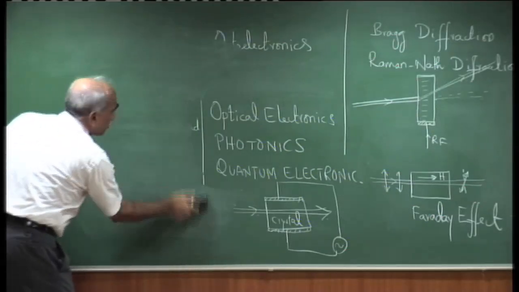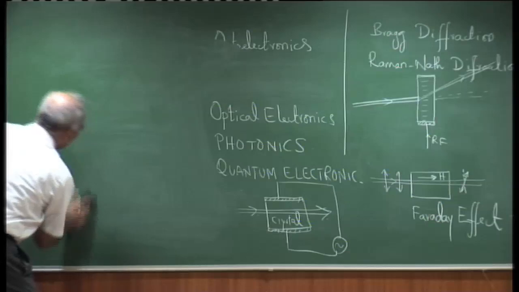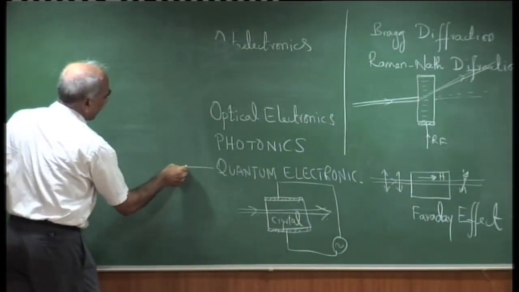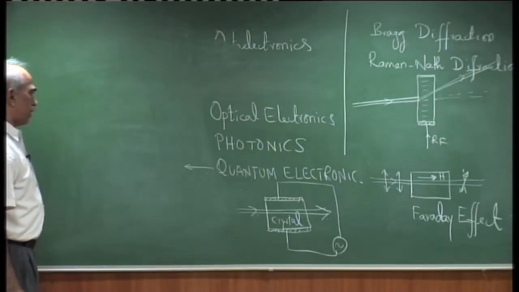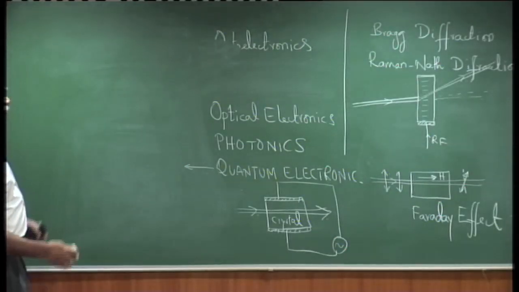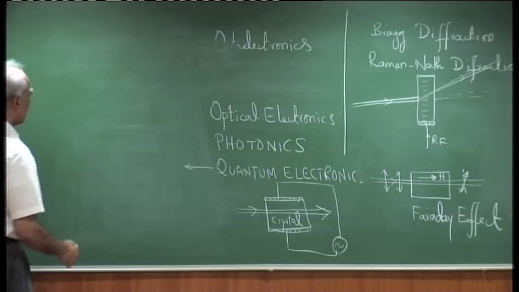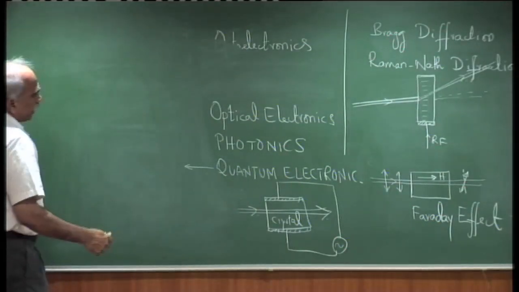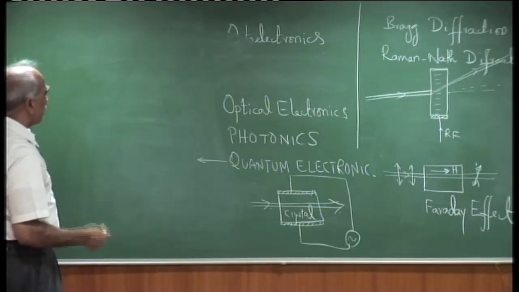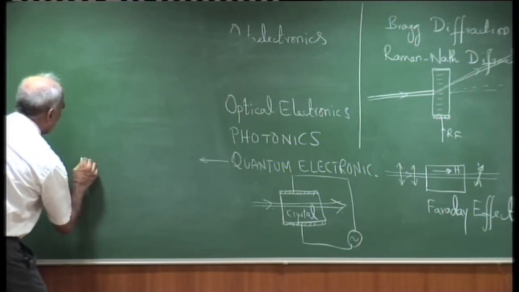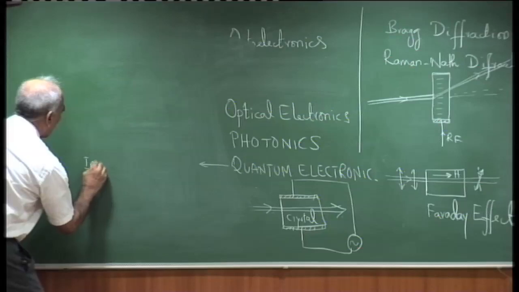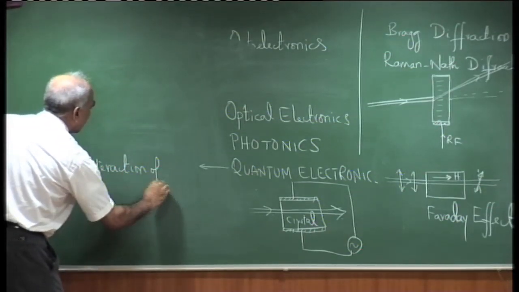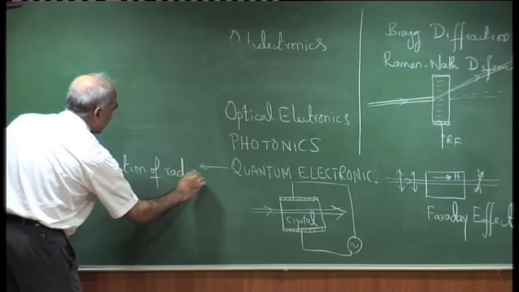We come to some of the other terms. What is optical electronics? Before that, let me see what is quantum electronics. Quantum electronics is a branch of science wherein we study the science and phenomena which involve interaction of radiation with matter.